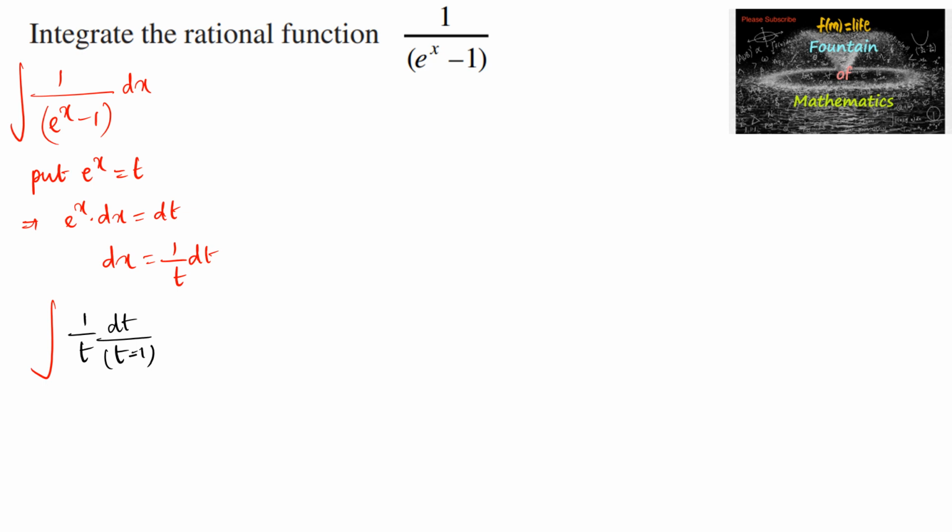which is equal to, the difference between t and t minus 1 is 1. So we can write t minus of t minus 1 divided by t into t minus 1 dt.